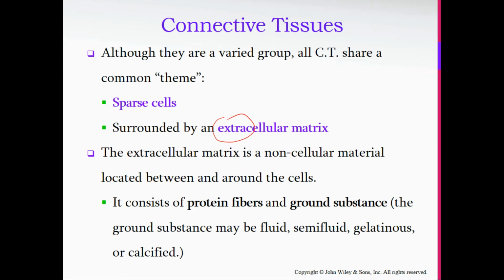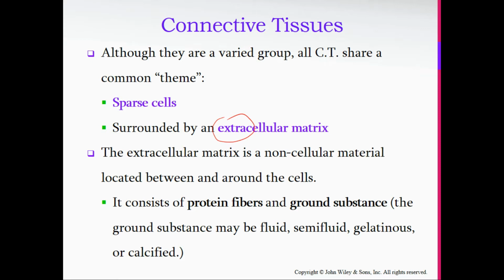The extracellular matrix is a non-cellular material, not inside the cell, and is located between and around all the cells. So again, think of the crunchy peanut butter. If the pieces of peanuts are the cells, then the peanut butter would be the extracellular matrix. What we will find in the extracellular matrix will be protein fibers and ground substance.